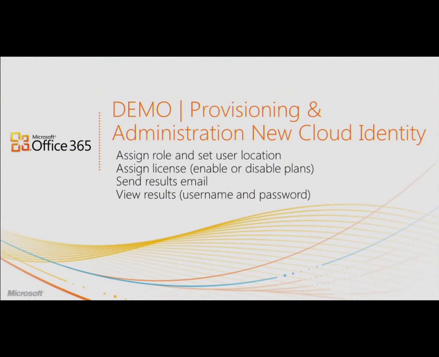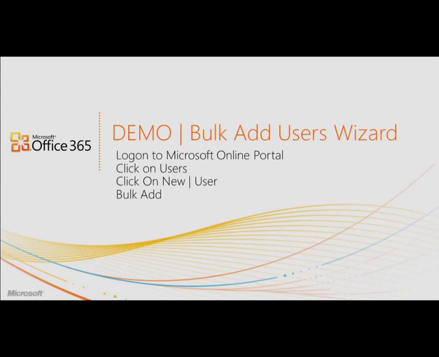So we already assigned a role to our user. We assigned already a location, a license, and then we received also a temporary password with the email. Let's continue. We can also, for example, create users in bulk, as we said in the very beginning of this presentation.